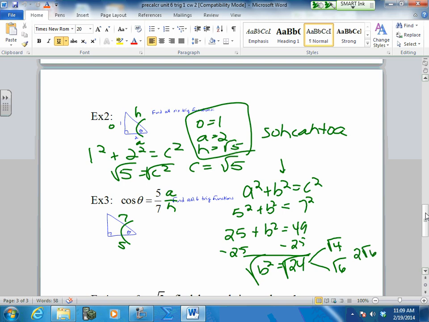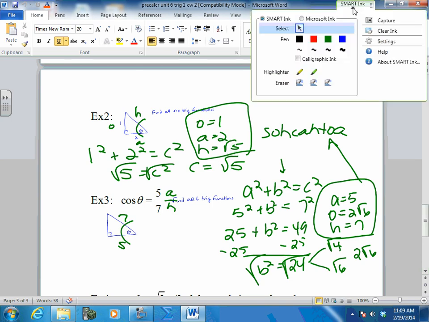So I've got my adjacent to be 5, my opposite to be 2 radical 6, and my hypotenuse to be 7. Can I find all my pieces from that? Yep. All of those are positive when you're not on a circle, guys, because they're all distances.